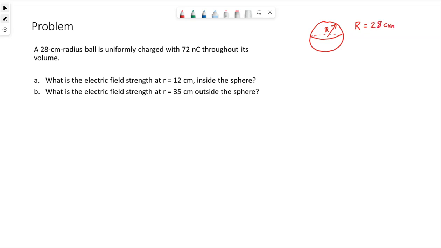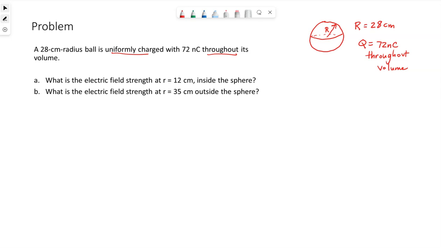So this is the actual ball that is charged uniformly throughout its volume with a total charge of 72 nanocoulombs. So there's charge everywhere inside. This is some sort of insulator that has been charged.